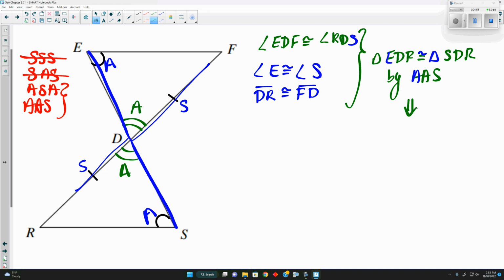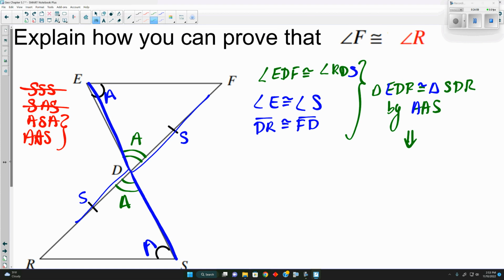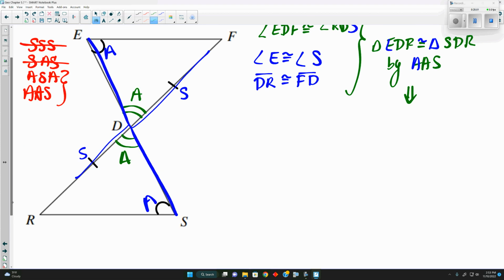Therefore, because we were wanting F and R, angle F is congruent to angle R by CPCTC. And that's it. Also, is the first triangle EDR or EDF?